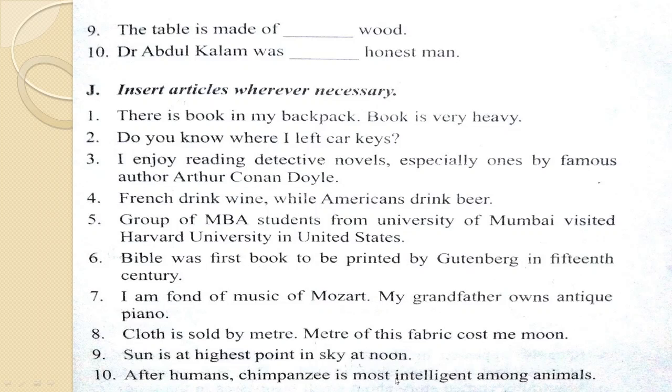When you use superlatives, here also we have to use the chimpanzee. The chimpanzee is the most intelligent among animals, because even though you are referring to one, you are referring to the class.